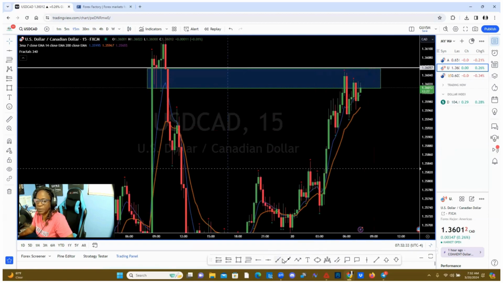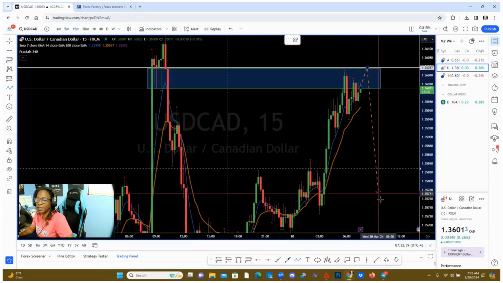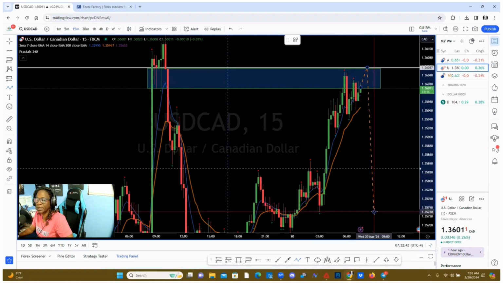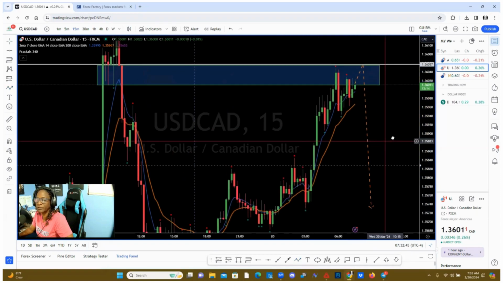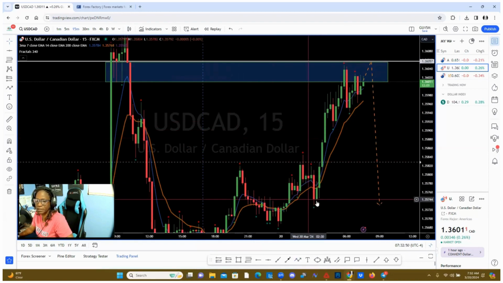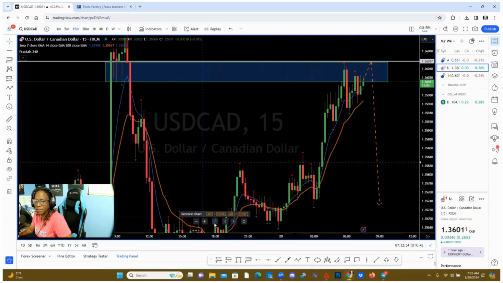But I do anticipate that we could just push up in there, show some rejection, and then have price tank into this area, maybe lower. I like to target the first area of liquidity. So let's see what happens. But I'm not touching the CAD as yet without some kind of confirmation.